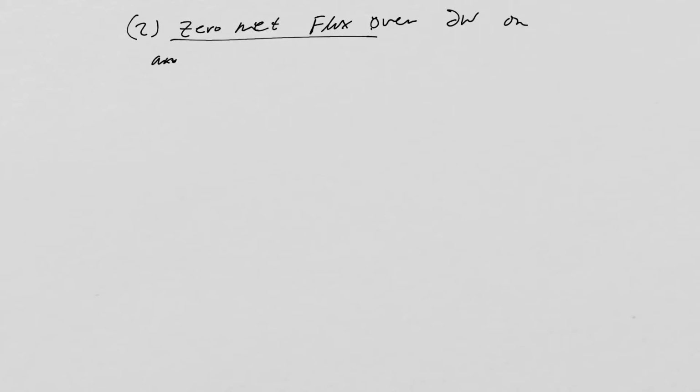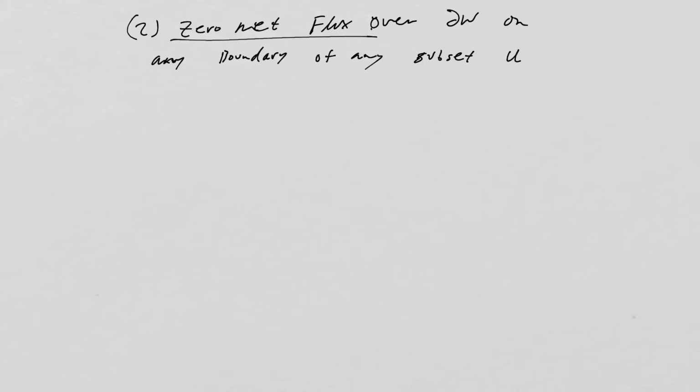And this condition is almost the very definition of a Laplace equation solution, which is zero net flux. Okay, so we'll have this over partial W or the boundary of any subset.